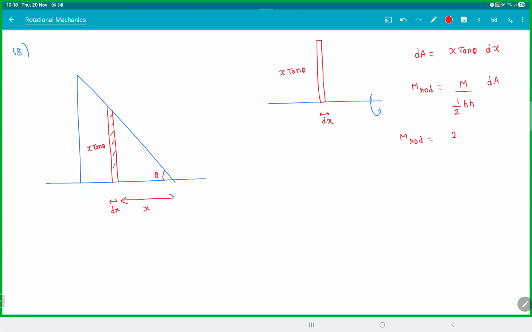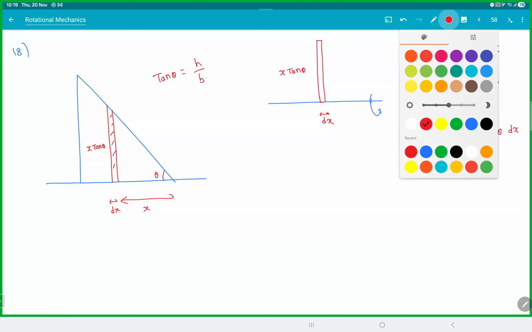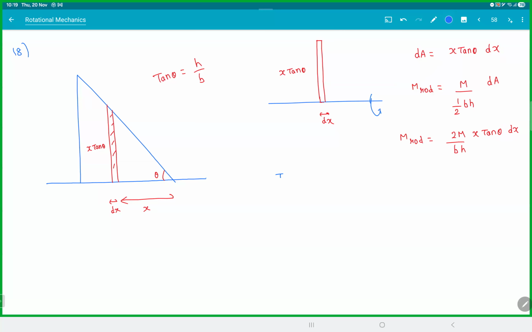So mass of the rod will be 2m by bh into x tan theta dx, and tan theta is nothing but h by b. I know that value anyways. Perfect. So what is the moment of inertia for the rod? If the rod is about the axis, this will be m rod into the length square by 3.